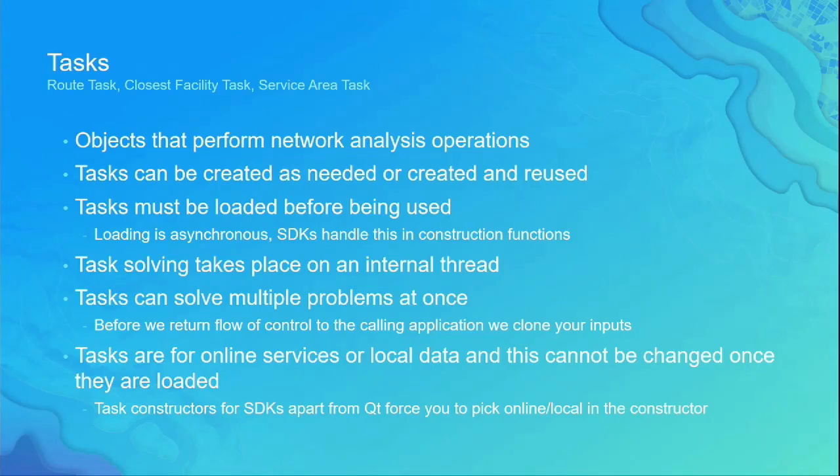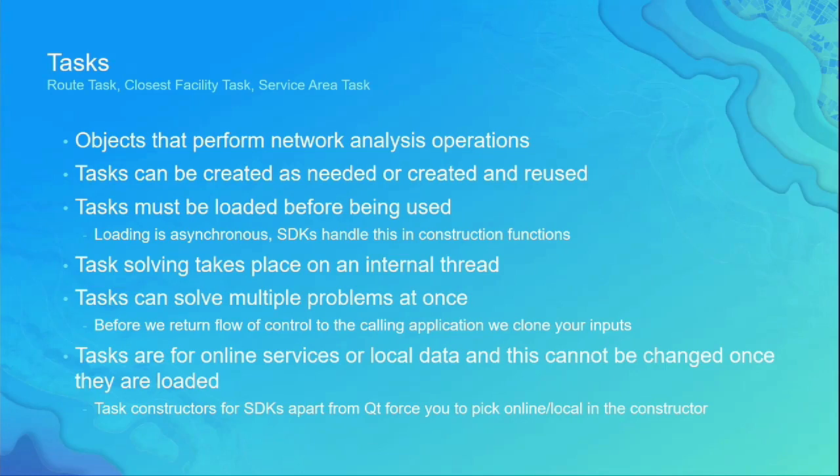So if you're on an iPhone and you basically say, I want to wait on this thread, internally in Runtime Core, we spawn another thread that actually does the work. And tasks can actually solve multiple problems at once. This is an interesting point. If you want to solve multiple routes simultaneously, you can actually feed them one at a time to the task operation, and we will clone your inputs before we pass flow of control back to you.